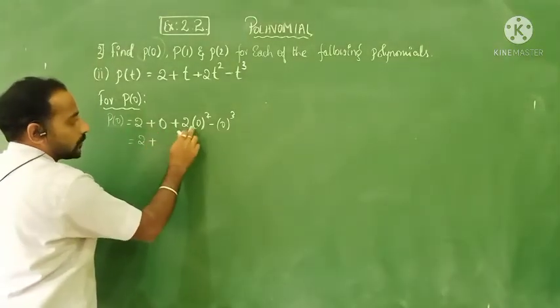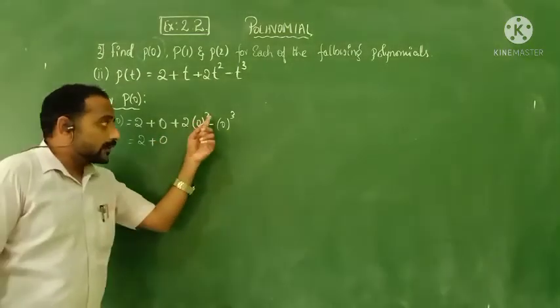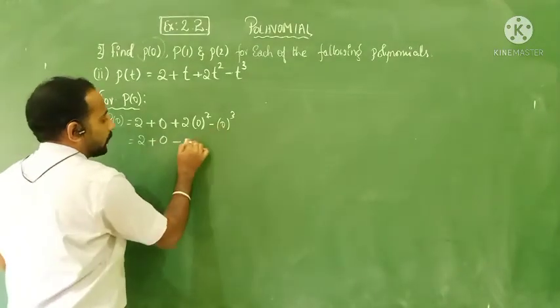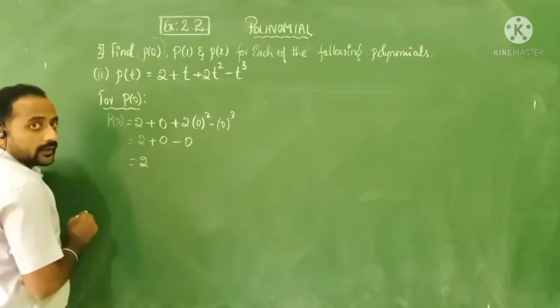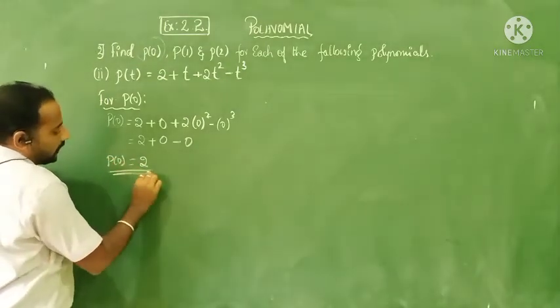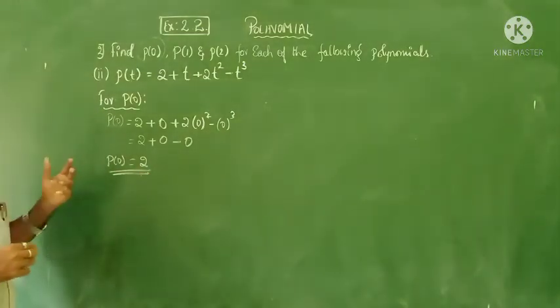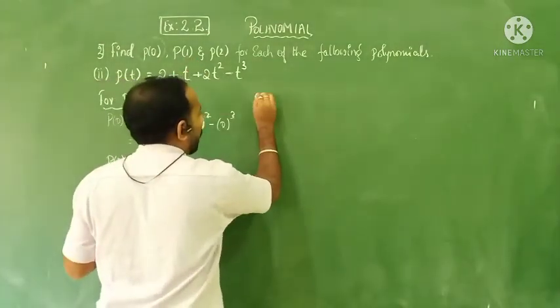So plus 2 into 0 square is 0. 0 square is 0, 0 into 2 is 0. Minus 0 cube is 0. Just leave the zeros, now remaining only 2. So P of 0 is 2. Next, let's go to P of 1.